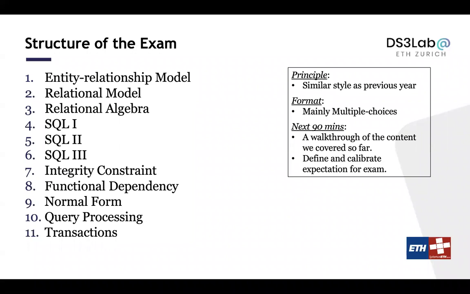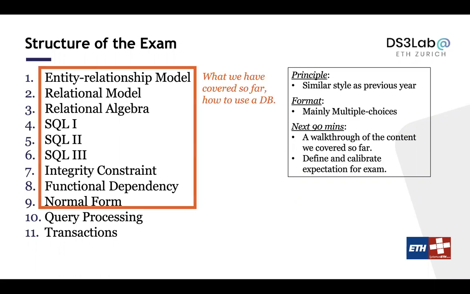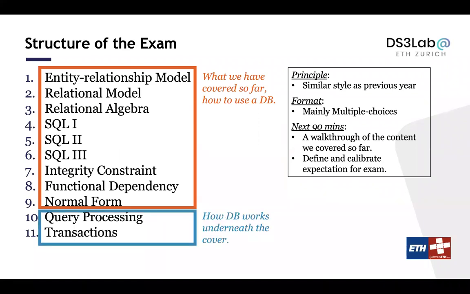And SQL is really, really important. We talk about constraints, dependency, normal forms, right? And then in the second half of the course, we are going to talk about query processing, transactions, and so forth. So essentially, after the first half, you should be able to know how to answer the first, for example, 9 questions in the exam, right? And then in the second half of the course, we are going to talk about the rest.